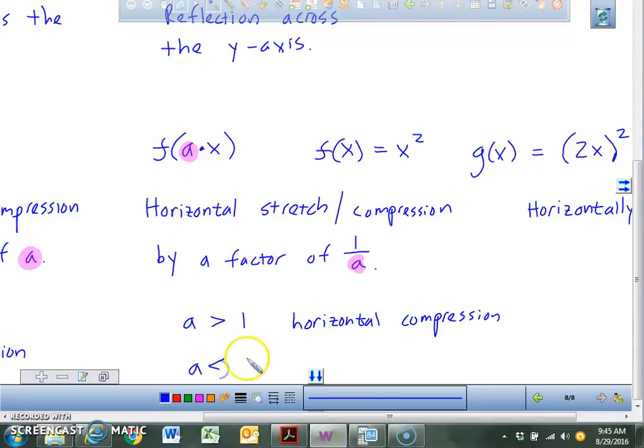If a is less than 1 and greater than 0, this would be known as a horizontal stretch. So make sure you have that down.